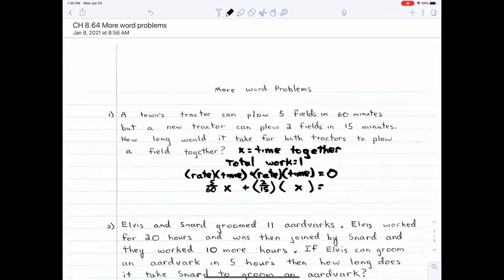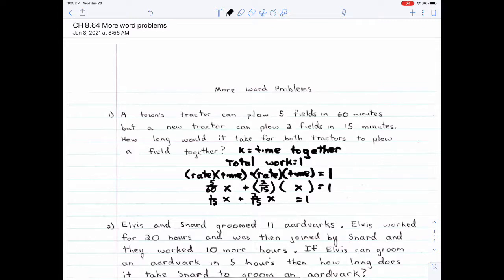Sorry, I don't know why I put 0 there. It's 1 field. Okay, well, what's the 5/60ths? It's 1/12. And then 2/15 is just 2/15. Okay.